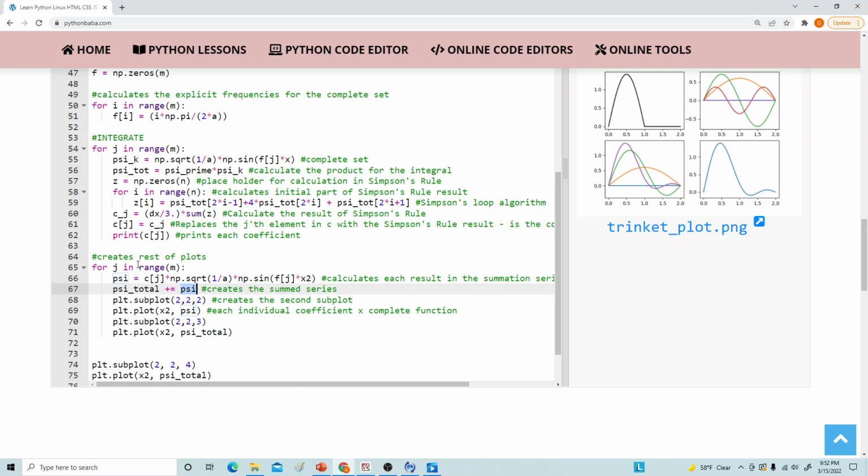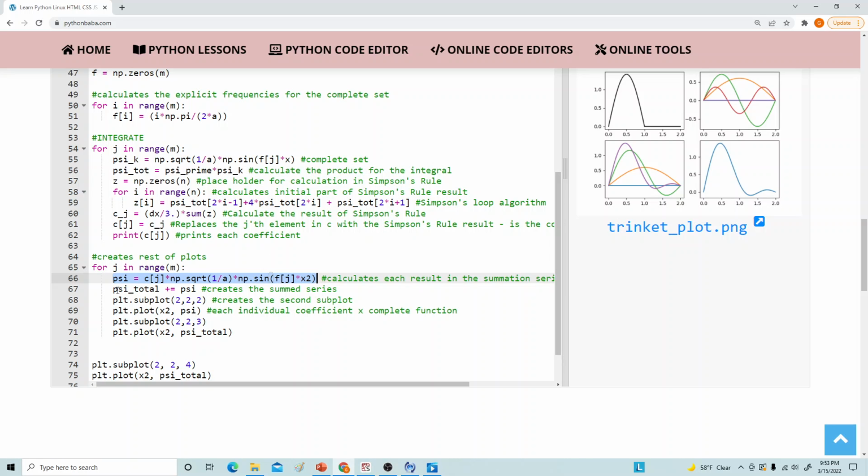And then when j is 2, this gives us a different array of numbers, and it adds it to that again. So that's why we get this iteratively added function right here. It calculates each individual psi and then adds them all up as we go along. Okay?